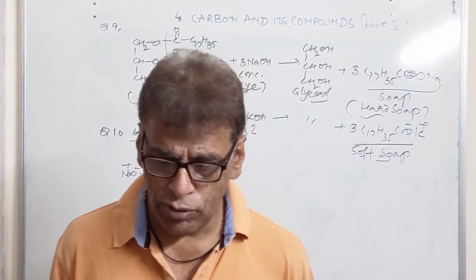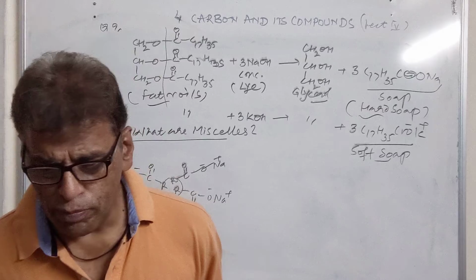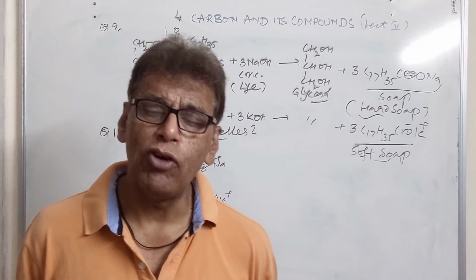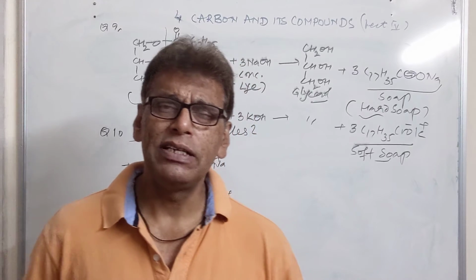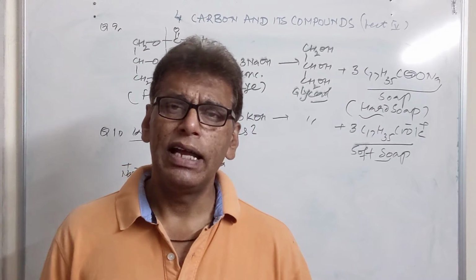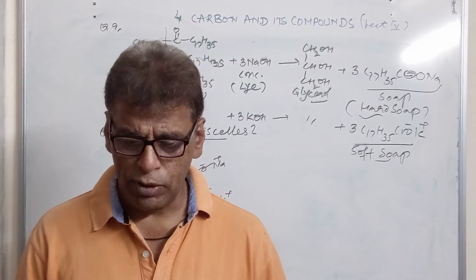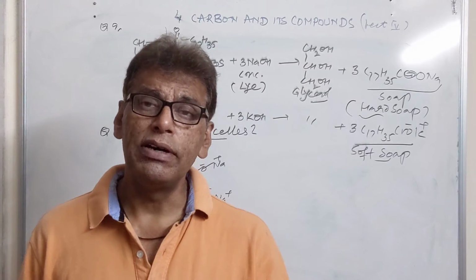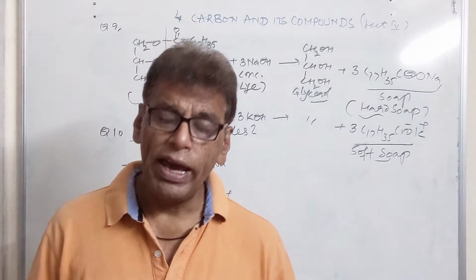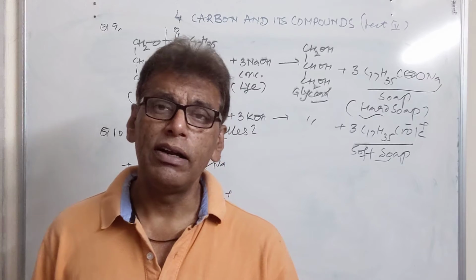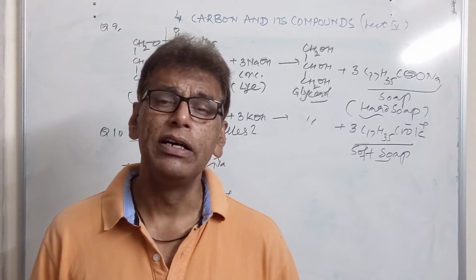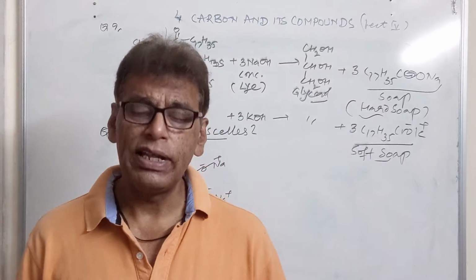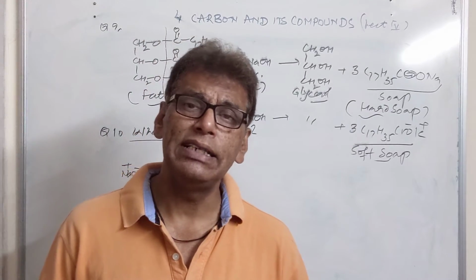We observe that tube B has a greater quantity of foam. Tube B, which had the detergent, means detergents are better cleansing agents because they produce more froth with hard water. But in tube A, the froth is either not formed, or if it is formed, it is in very small quantity. So it confirms that detergents are better cleansing agents.